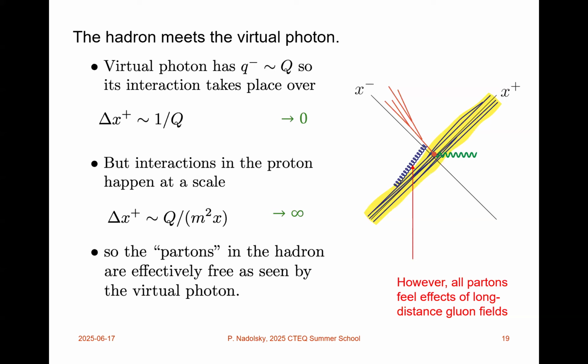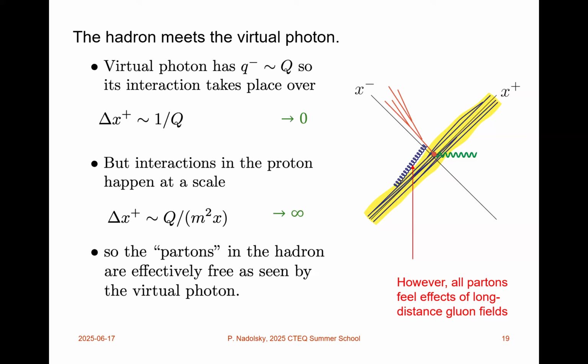And so now what you see is that the afterglow in the proton has a much larger size, delta X plus, which scales like Q over M squared over X. And the photon, however, knocks out a much smaller piece of the proton, right?